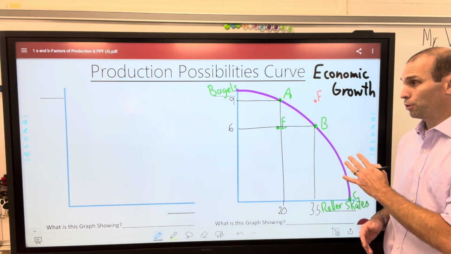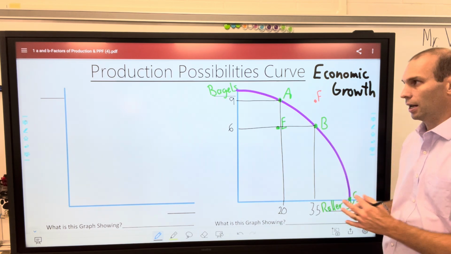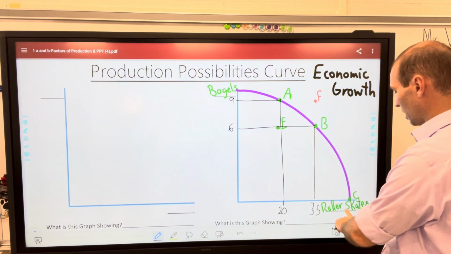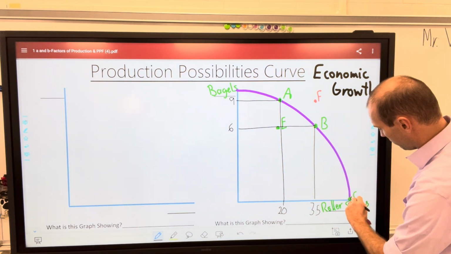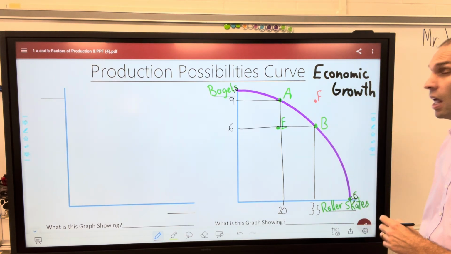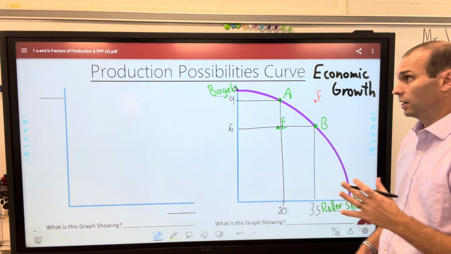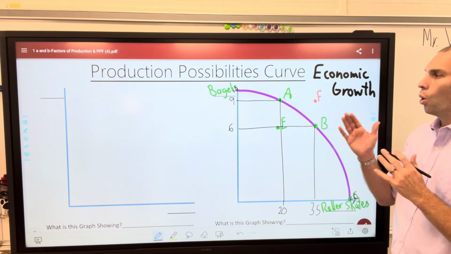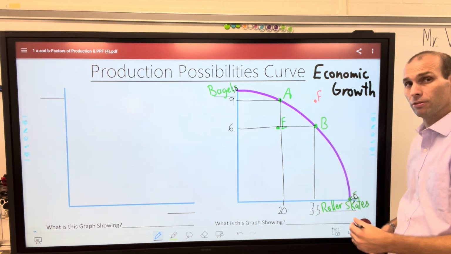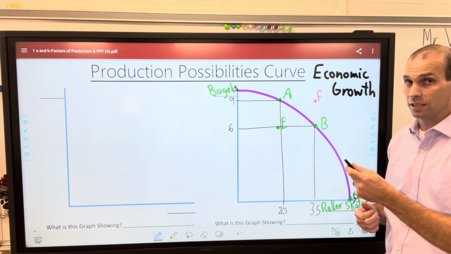So draw this on your paper and just imagine our economy. Our economy makes 2 goods, bagels and roller skates. And we can put 50 and 10 right up here just so we remember the same numbers. Now let's imagine our economy. We make 2 goods, everything on the curve is possible and efficient.